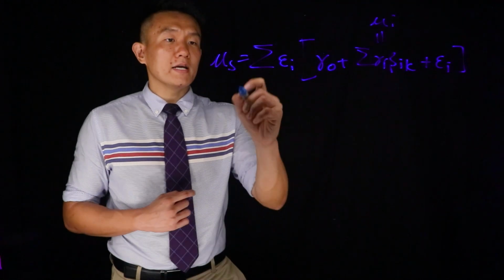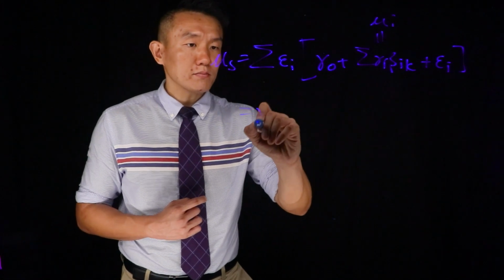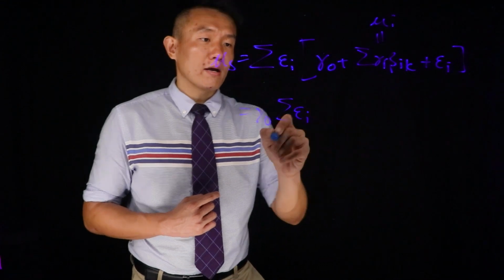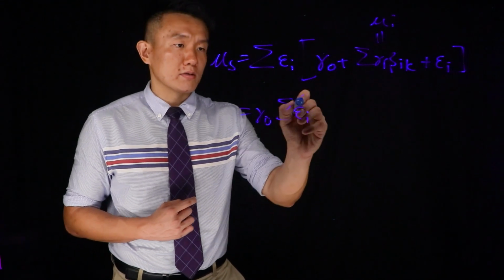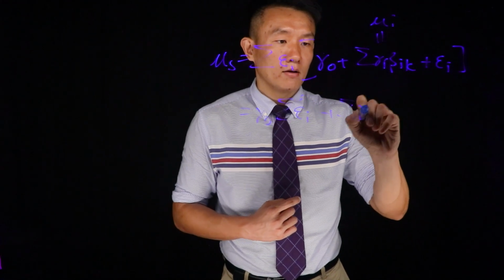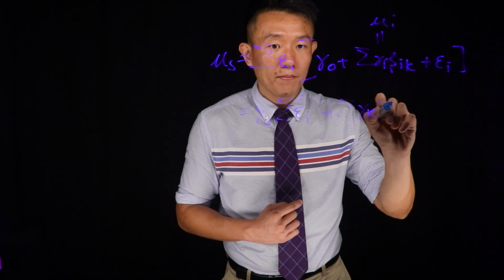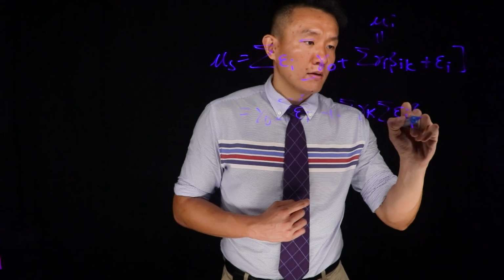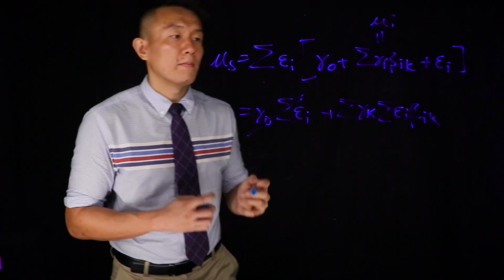And if we think about each of these terms, well, the errors all sum to 0, so this term is equal to 0. And then we have the sum of each of these.